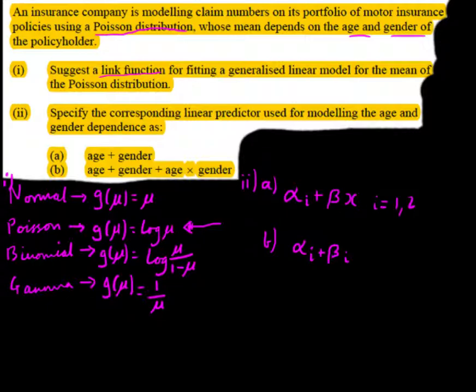Whereas for this one, age will affect each gender differently, and so that's why we have beta I multiplied by x. So that's all you have to do, and you can still again write down where I is 1 or 2. And that's really it. That would be the linear predictor in terms of doing that.